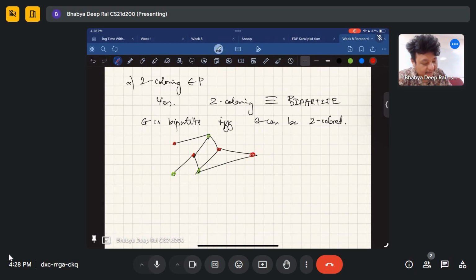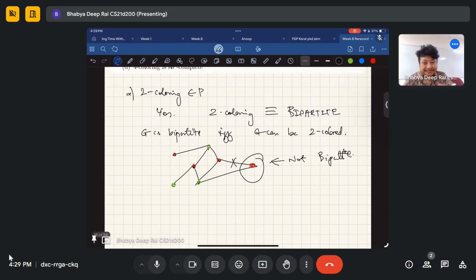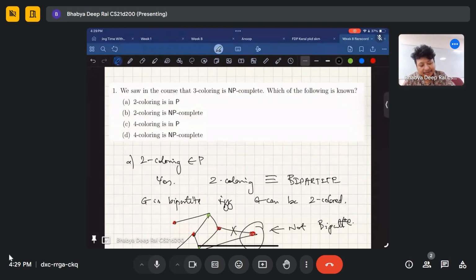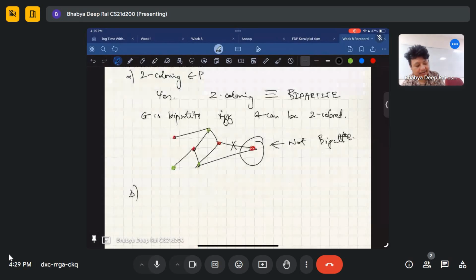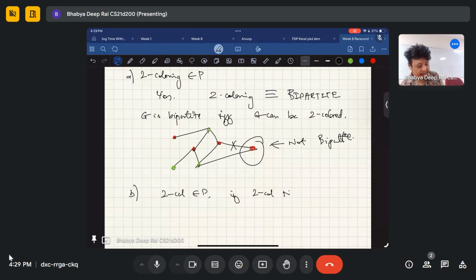Now I have a contradiction, so this is not bipartite. That is the algorithm: you pick a vertex, color it, and check whether the neighbors have the same color or not. If not, keep coloring. So 2 coloring is in P. 2 coloring cannot be NP complete, because if it were, then all hell breaks loose and P equals NP.